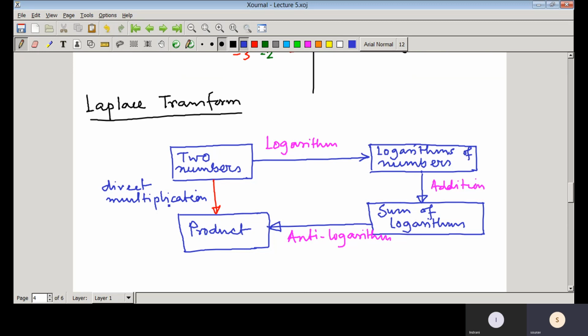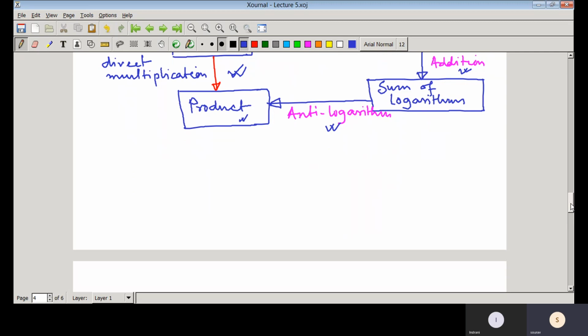One is that by direct multiplication you can have it, or you just transform it. How do you do this? You take the logarithm and it comes into addition form, and then if you take the anti-logarithm, again you will get back this product. The same thing we do in the case of Laplace transform. So Laplace transform is a transform.